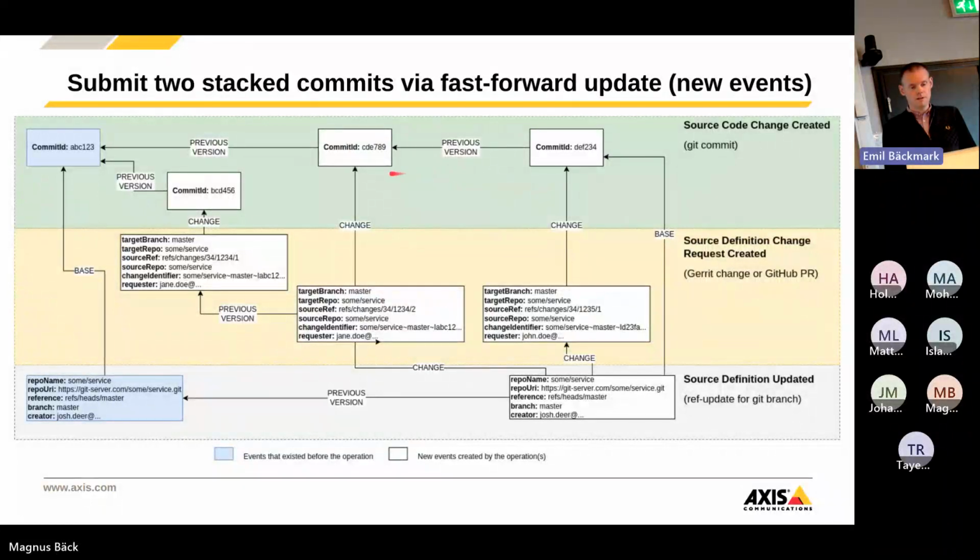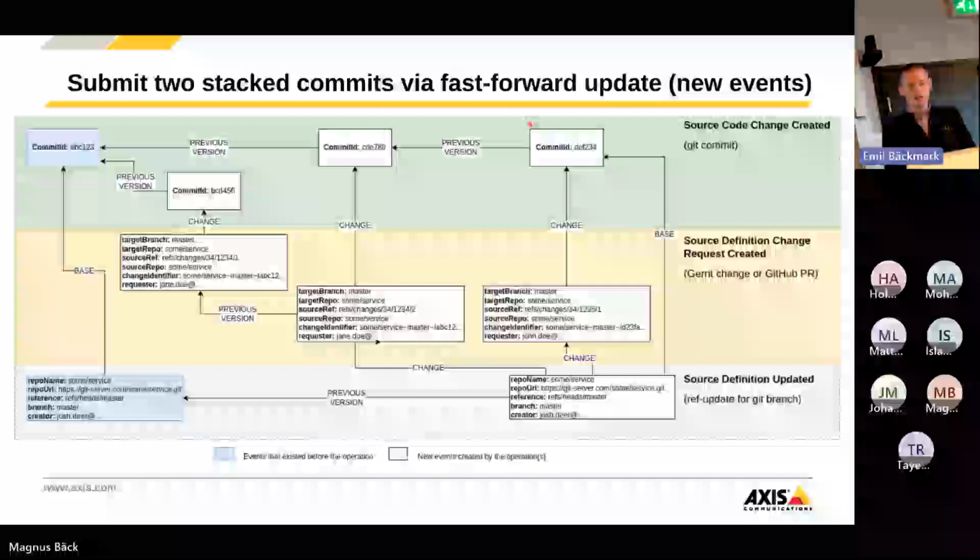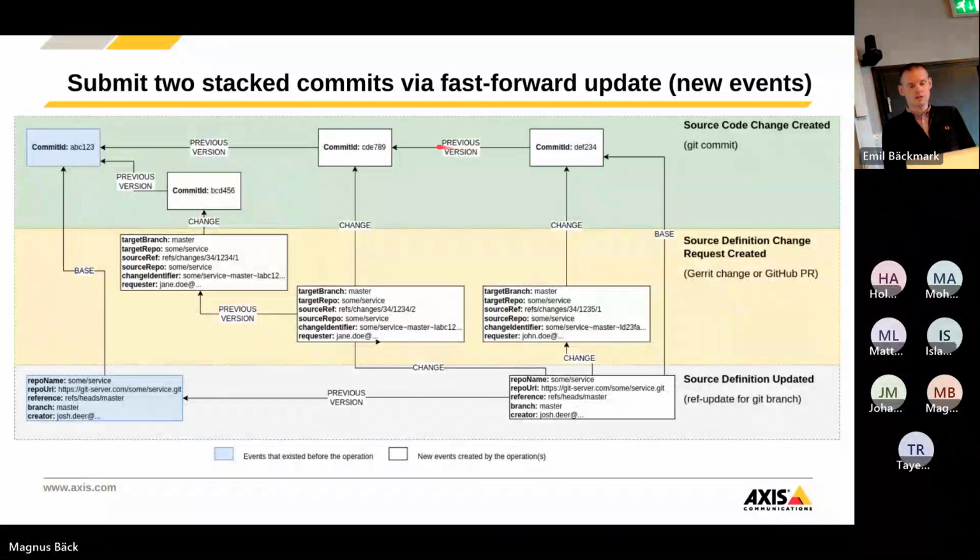You'll note, by the way, that this commit here supersedes this one. So this one does not reference this one. They have no relation in the Git world. They have the same parent, the blue commit over here. While this one, the third commit, is the second in our stack, and it references this one. And that's in order.